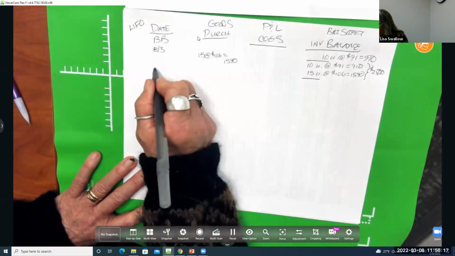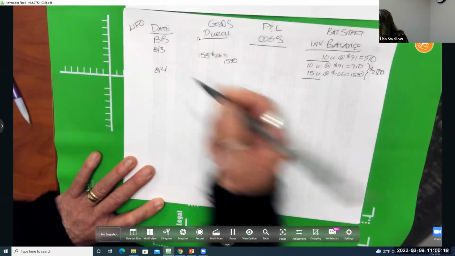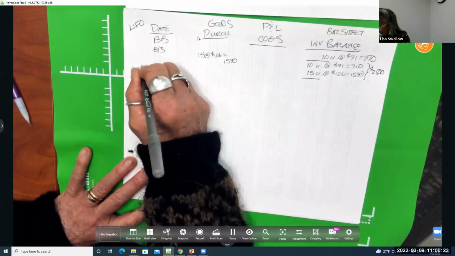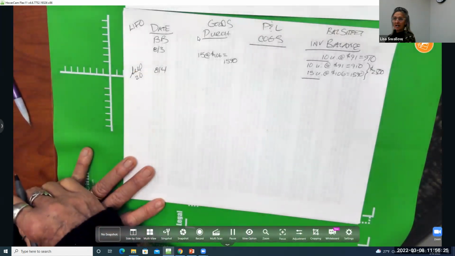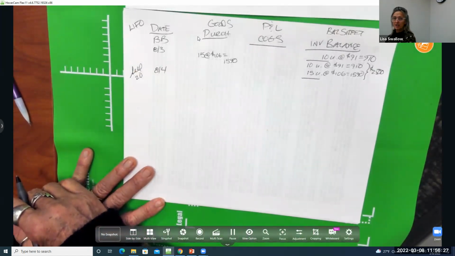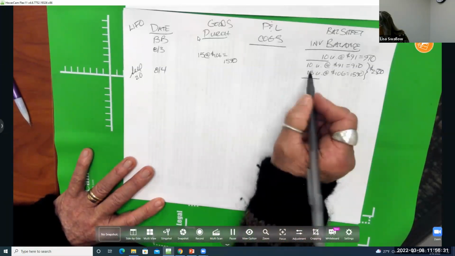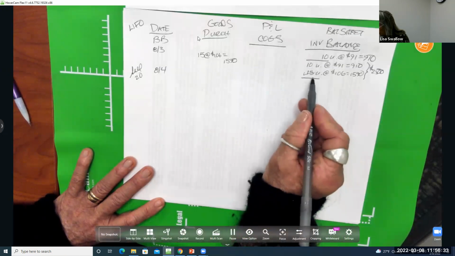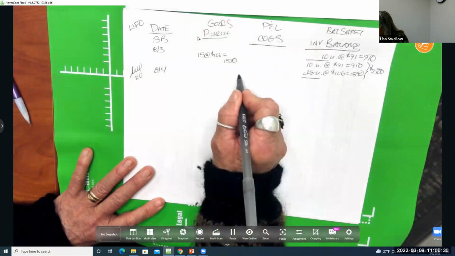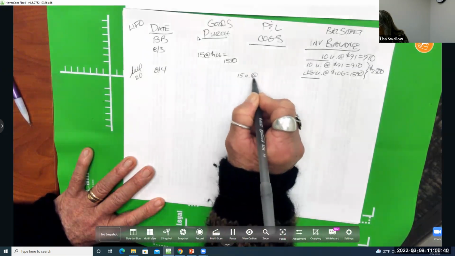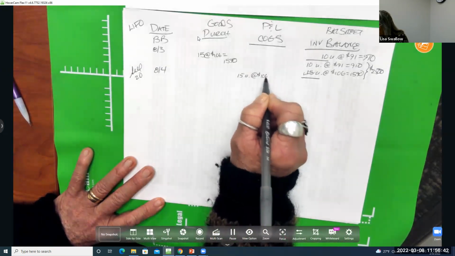Okay, now I've got 25 bikes to sell, and on the 4th, I sell 20 of them. LIFO, last in, first out. So the last products in were these 15. So I sold 15 bikes that I had purchased at 106.